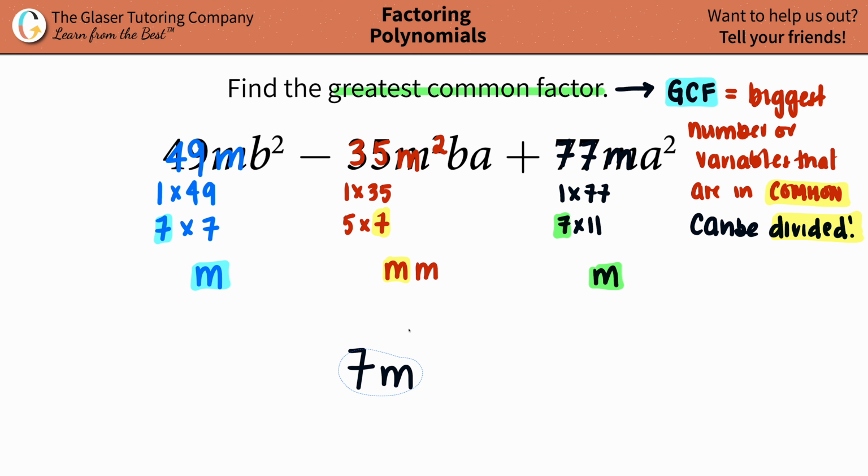Let's keep going. Now let's talk about the b's. For 49mb squared, how many b's did you have? It was b squared, so we have b. For 35m squared ba, this one had just one b. Ooh, and then 77ma squared, was there any b's?